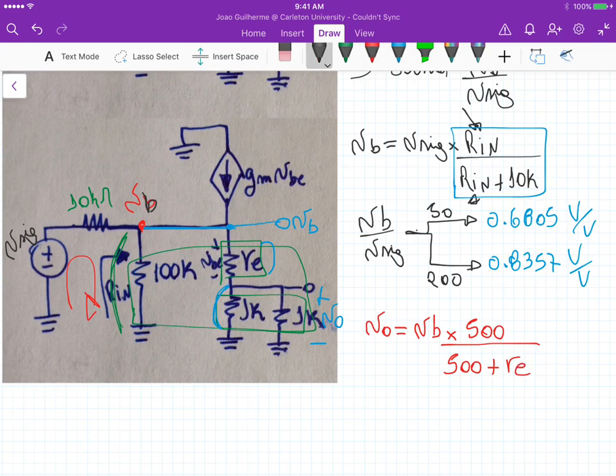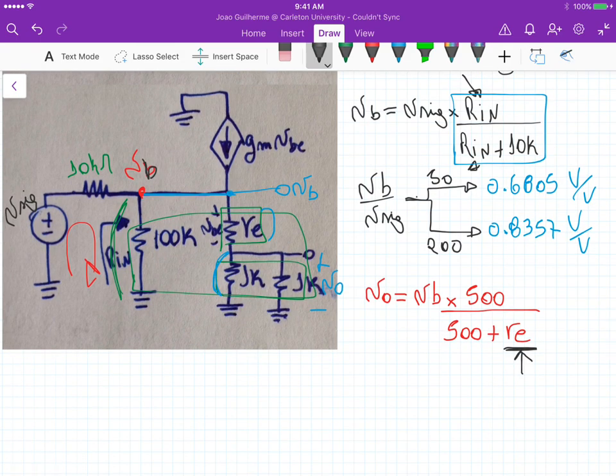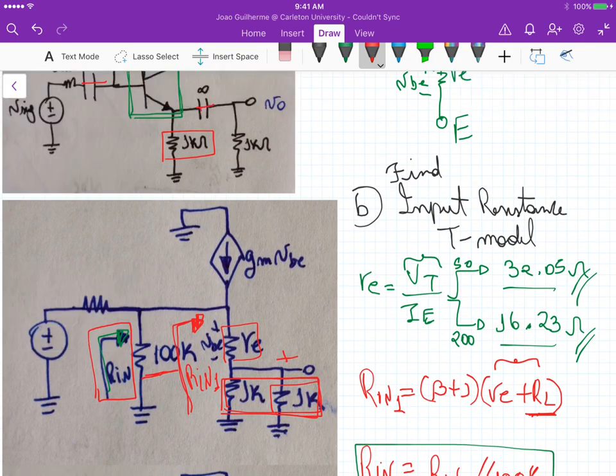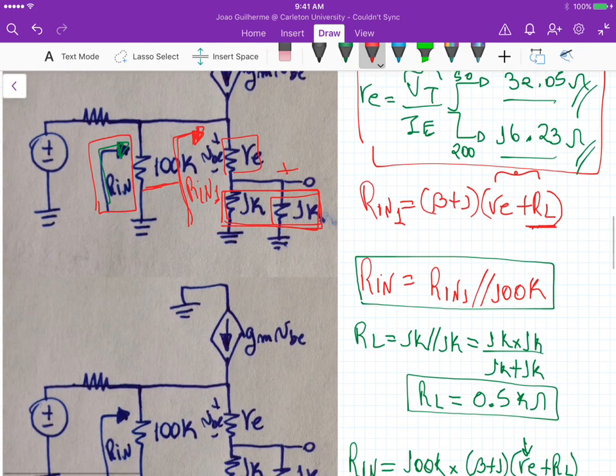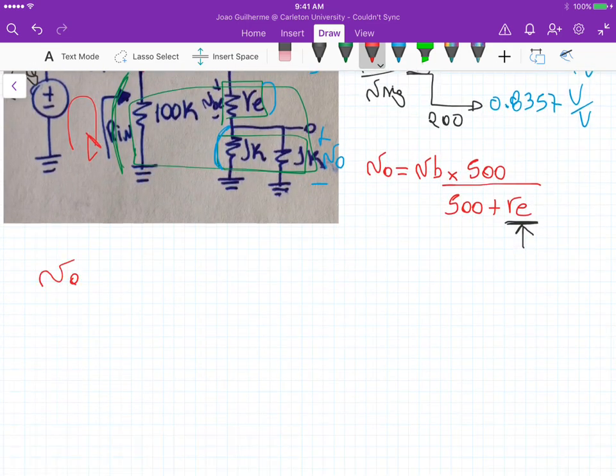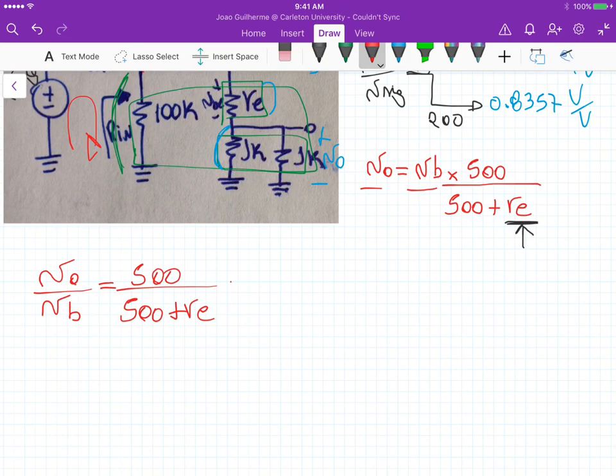And again, this term here changes for values of beta, right? So remember that RE here is 32.05 for beta equals 50 and 16.33 for beta equals 100. So for V out over VB, isolating those two terms here, that's equal to 500 divided by 500 plus the emitter small signal resistance.